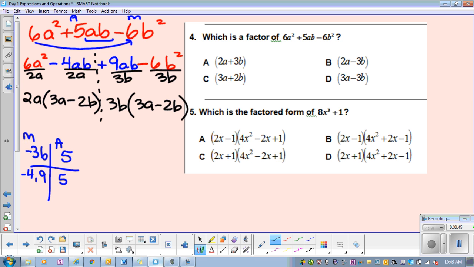Did we do this right? Yes. How do you know? It matches, they're the same, good. So then the matching ones go in one set of parentheses, and those GCFs go in the other one, so 2a plus 3b. So which is a factor, A, B, C, or D? A. 2a plus 3b. A.